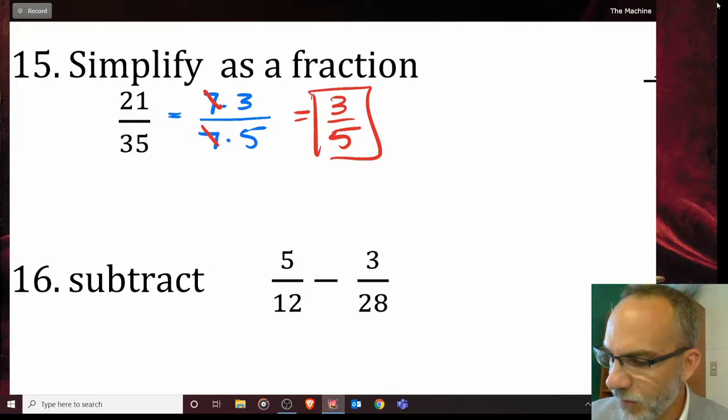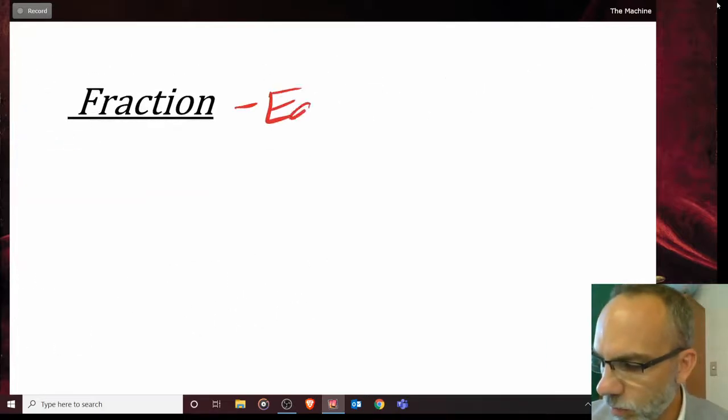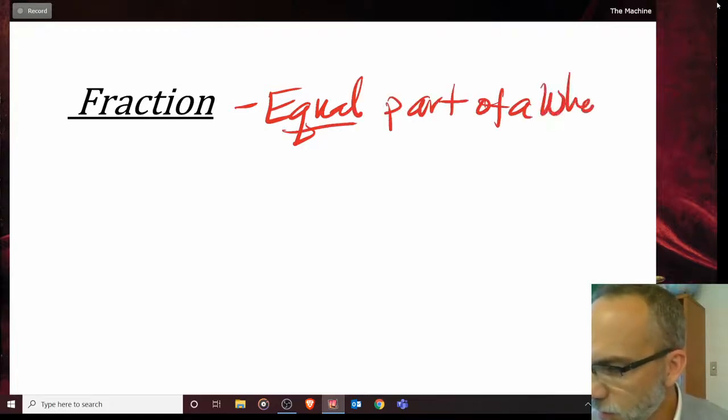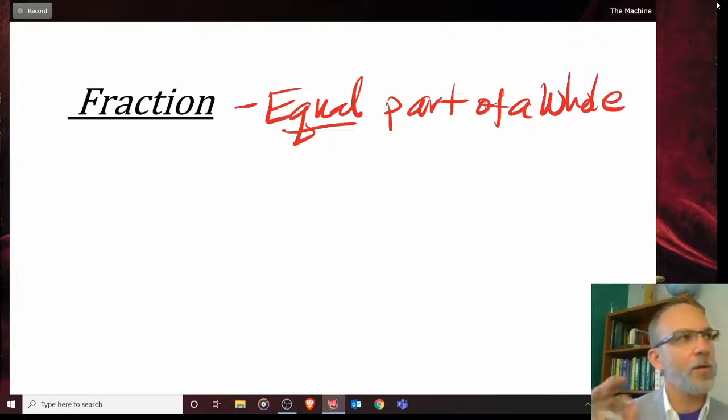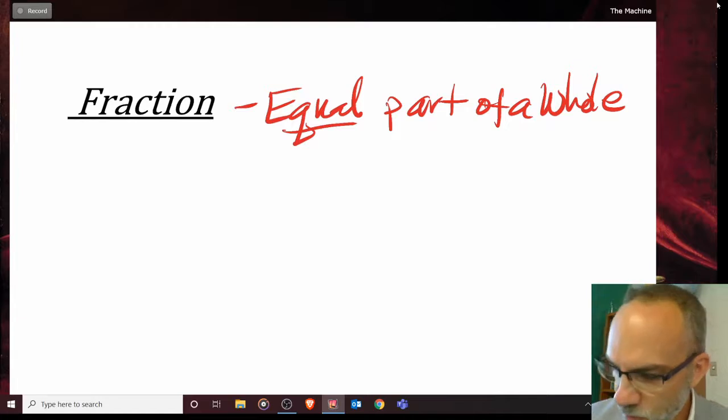So what is a fraction then? Let's talk about that. A fraction is a keyword, equal part of a whole. Don't just say part of a whole. All the pieces have to be equally sized, okay? So you've got a numerator, you've got a denominator.